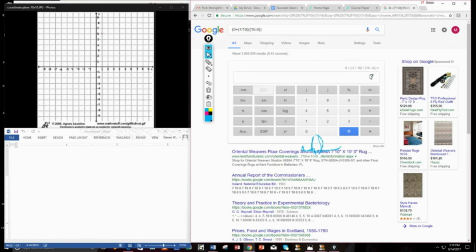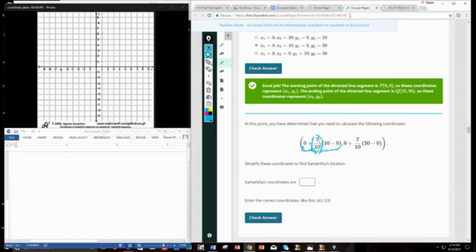And that comes out giving us a value of 7. Sorry, bud. So her x-coordinate is 7, and I'm just going to write that down. 7. Then I'm going to do the exact same thing for the y value.